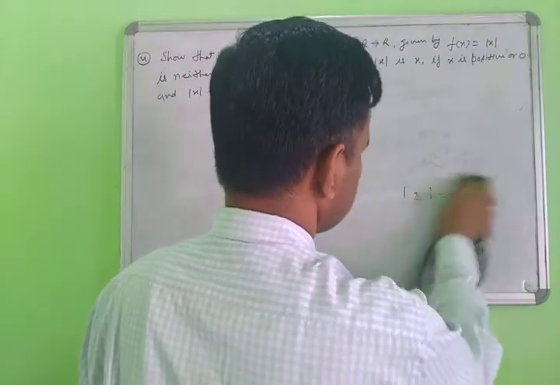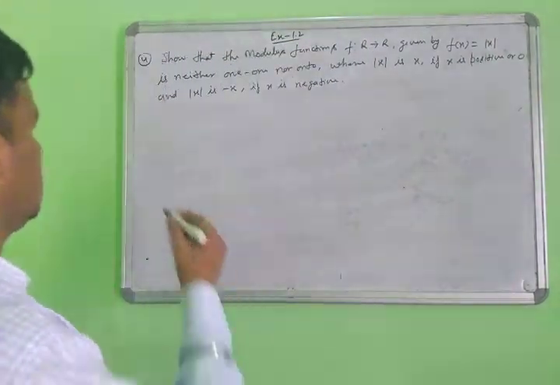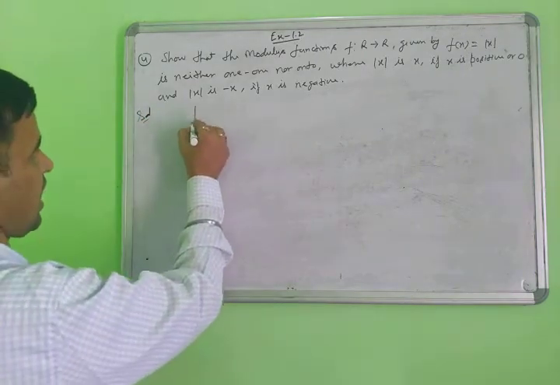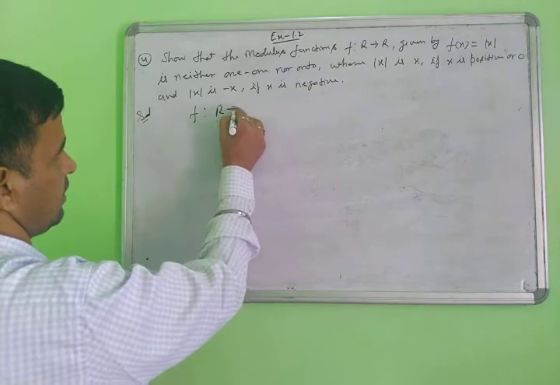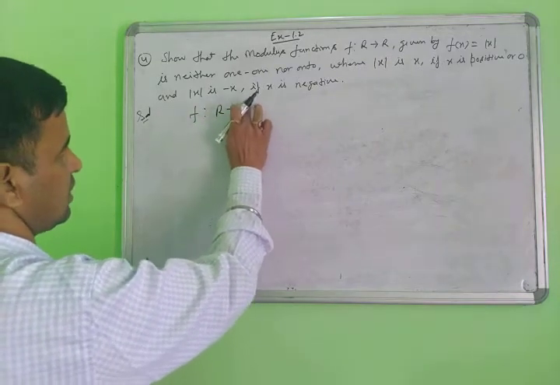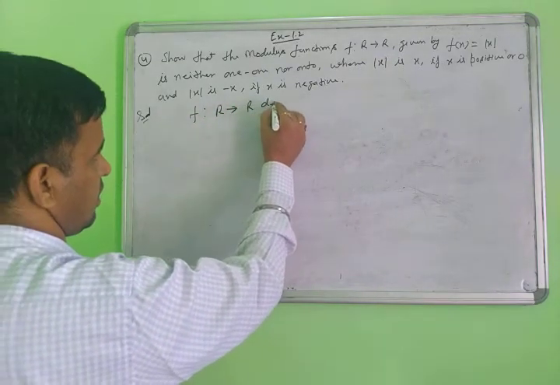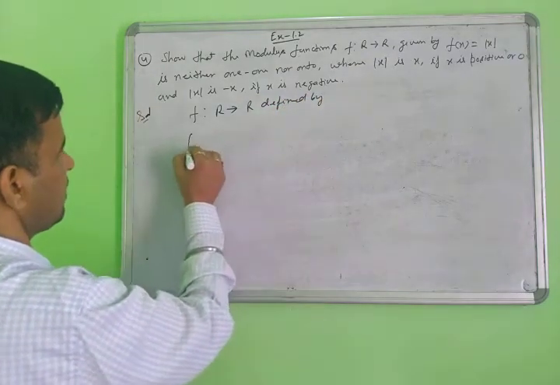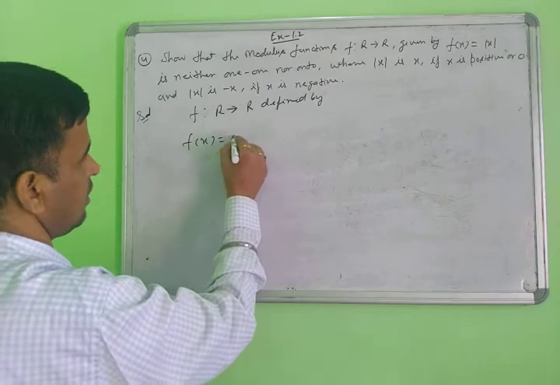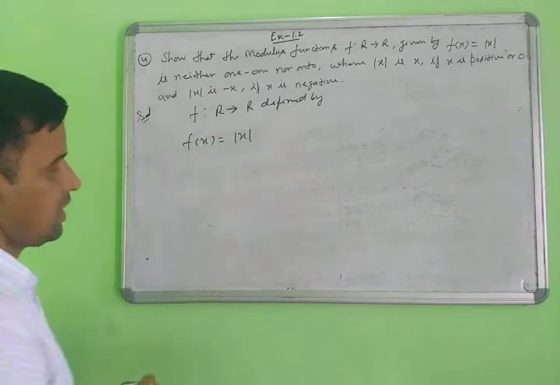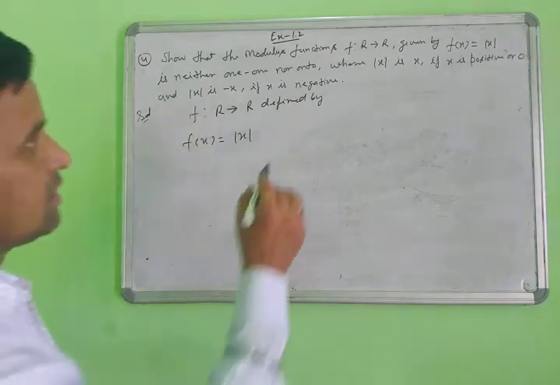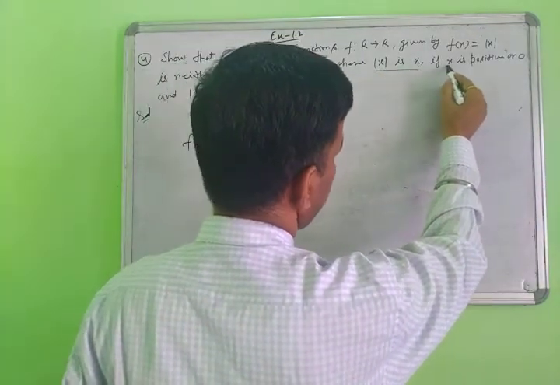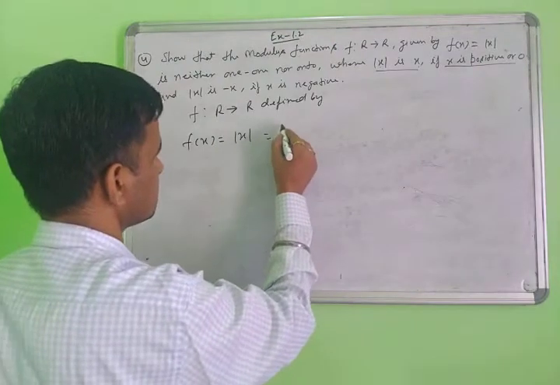Now look here, the solution of this question. First, the function f, where domain and codomain are both real numbers, is defined by f(x) = |x|.